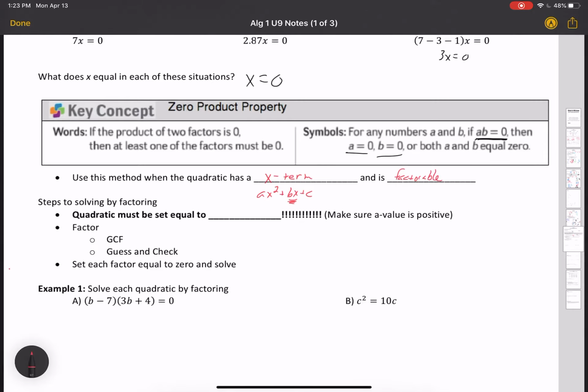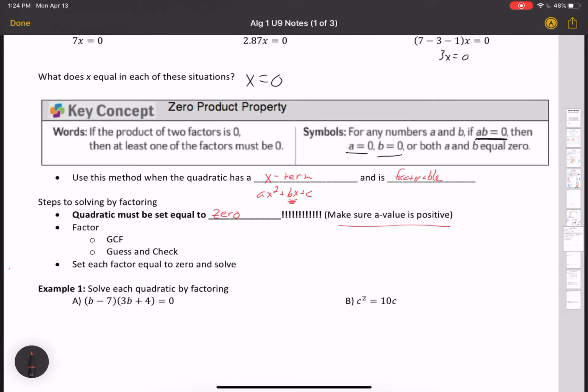So a couple ground rules, and this stuff's bolded because it's super important. A quadratic must be set equal to 0, because that's the whole idea of the zero product property, is that you have multiple things that multiply together to equal 0.